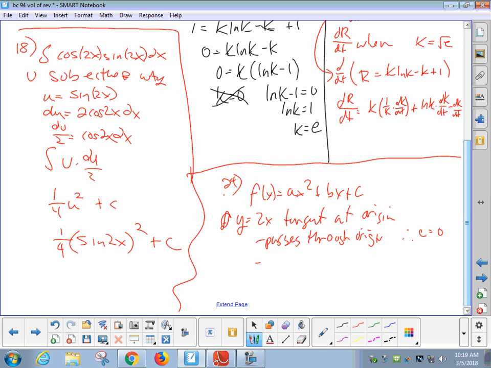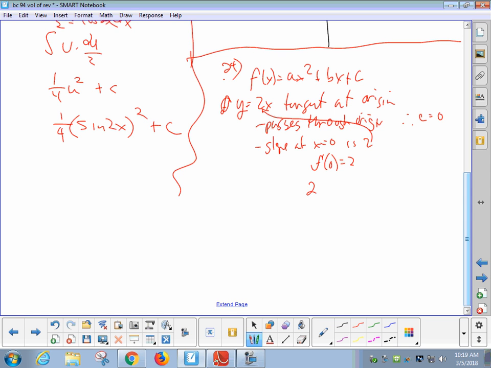It also tells you that the slope at x equals 0 is 2, which, in calculus terms, f prime at 0 is 2, which means 2ax plus b at 0 is 2, which means b is 2. Now that you know that, then you can use the fact that it passes through 2, 1.